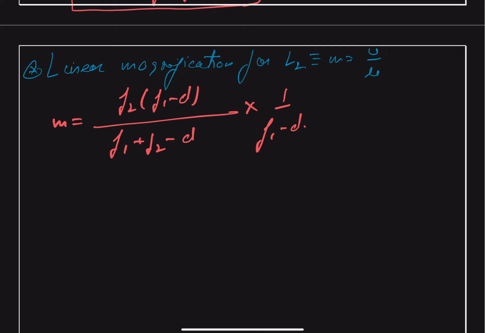So here f1 minus d cancels out, so this comes as f2 upon f1 plus f2 minus d.